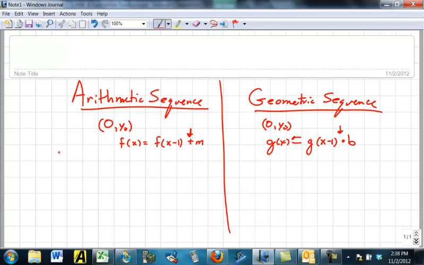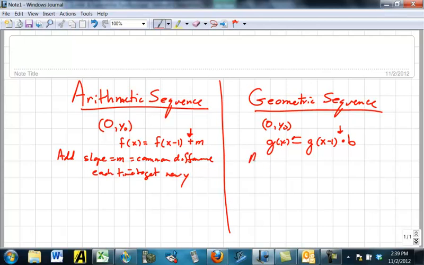So in other words, add the slope, m, which is the common difference, each time, a constant amount, to get the new y when you go up by 1.